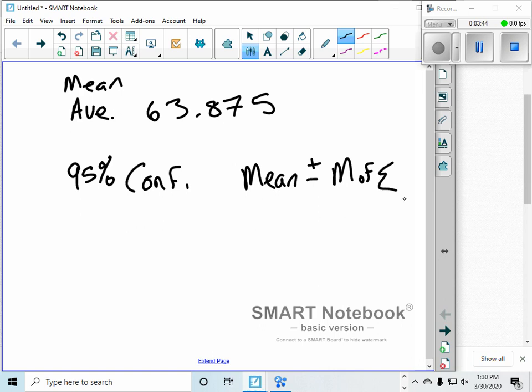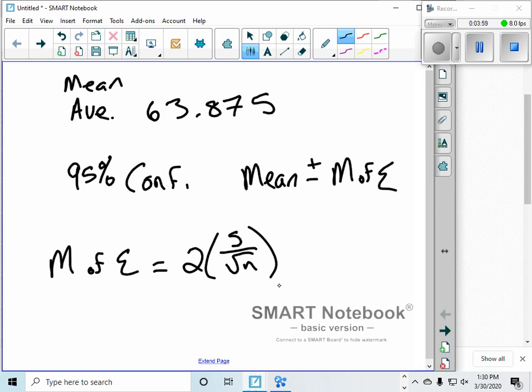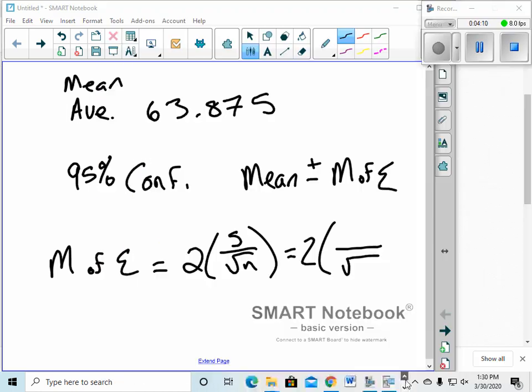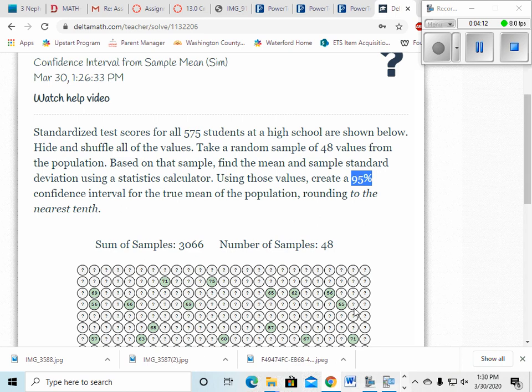To get the margin of error for the 95 percent confidence interval, it's 2 times your standard deviation divided by the square root of your total number of items in your sample. So that's going to be 2 times, I don't know my standard deviation, but the number of items in my sample, I think it was 48. Yeah, I had 48 in my sample.